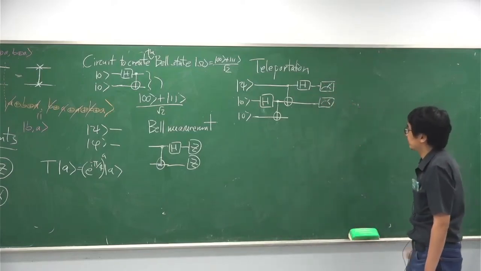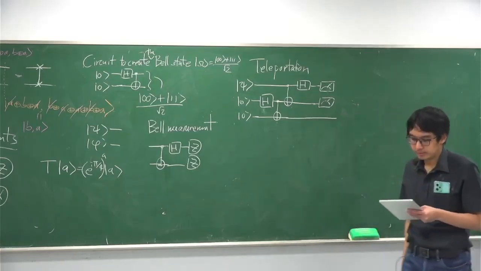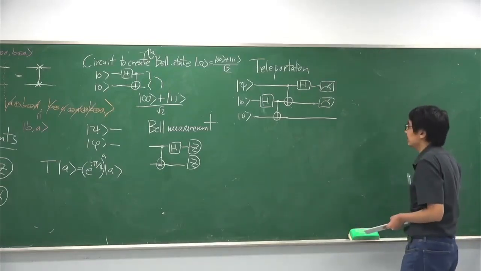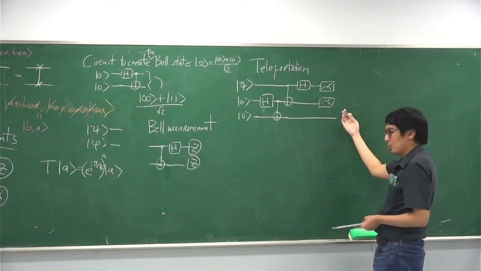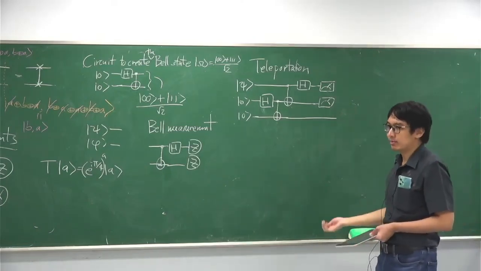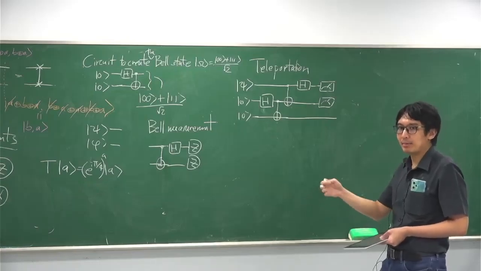Draw this. And then this turns the state of the third qubit into some state that's related to psi, but it depends on the measurement result. It's psi, and you apply some X or Z, right?